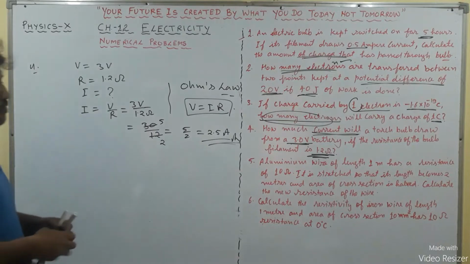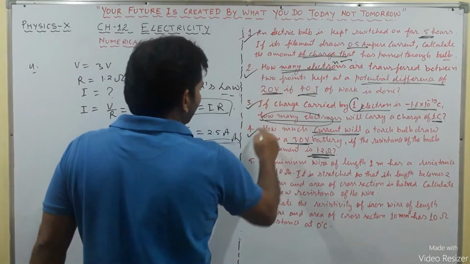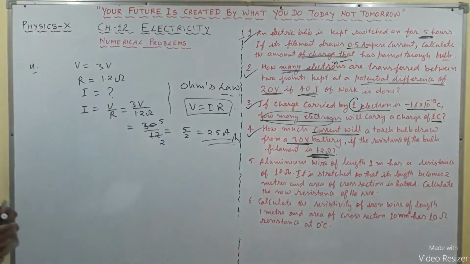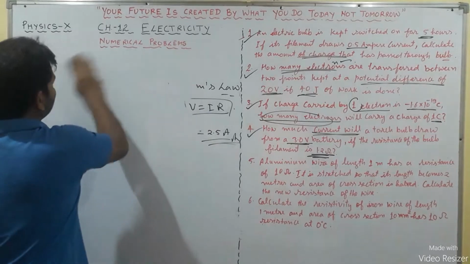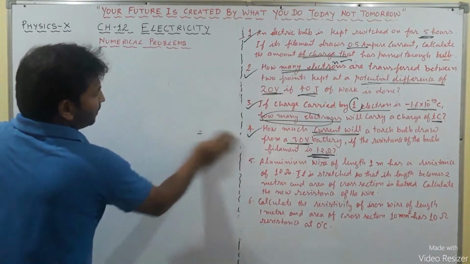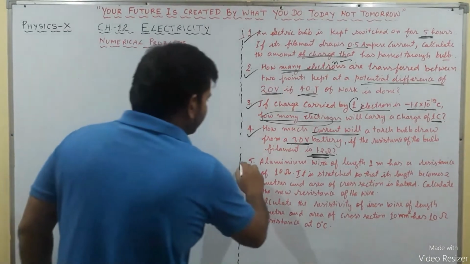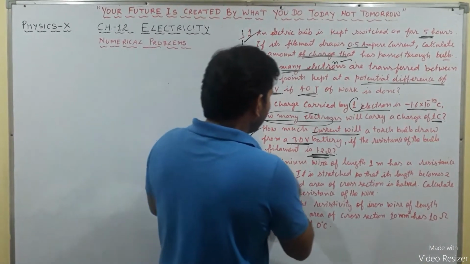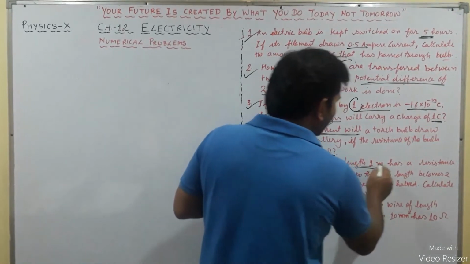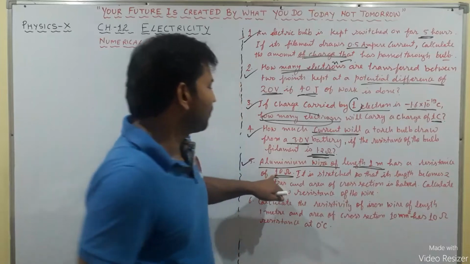Okay, let us move on to question number 5. We have done first, second, third and fourth, and 2 questions are remaining. What is there in question number 5? An aluminium wire of length 1 meter is given and whose resistance is 10 ohm.